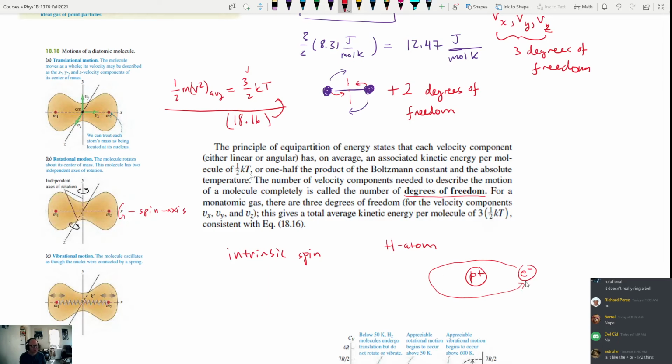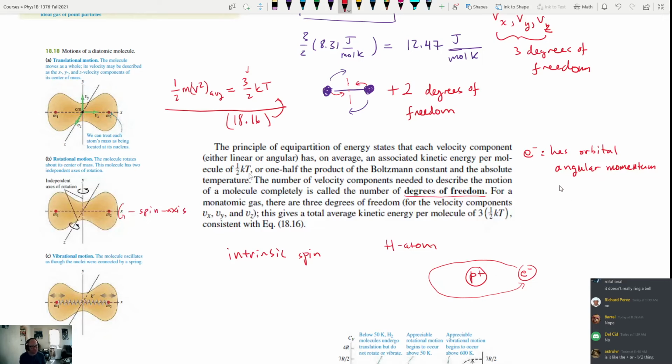You know that the electron has orbital motion, it has rotational motion, it orbits. Okay. So the electron has orbital angular momentum.